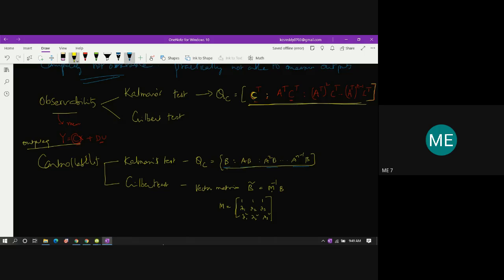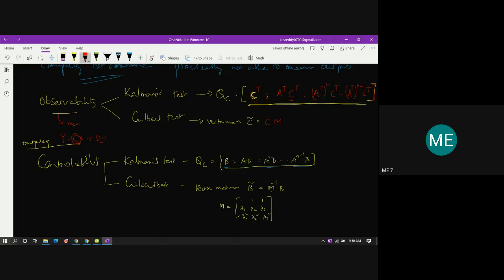Similarly, in the Gilbert test for observability, we are going to find one more vector matrix, the output matrix, the vector C matrix, which is represented as C cap.